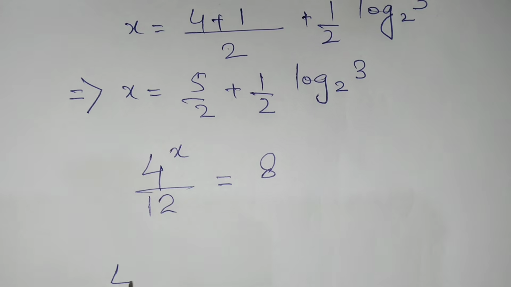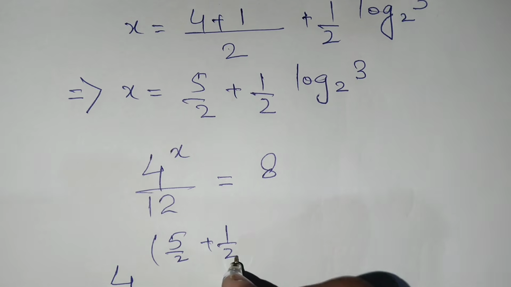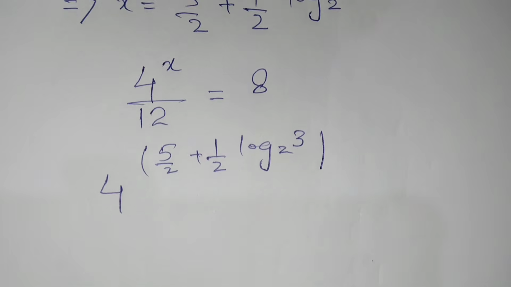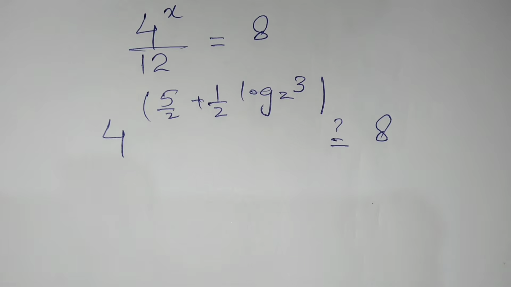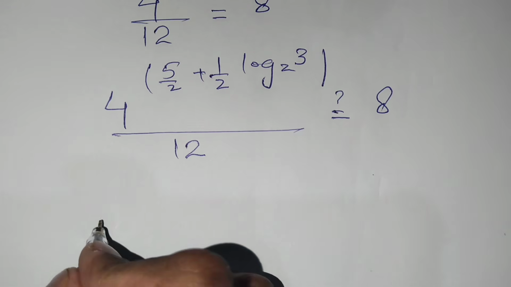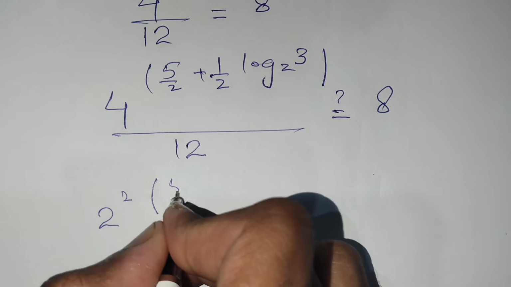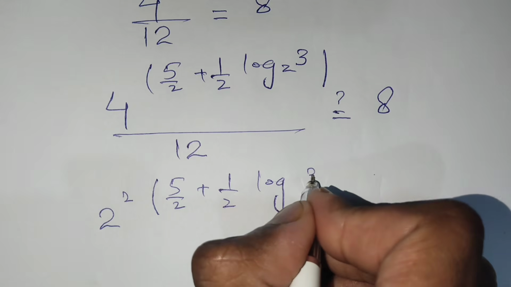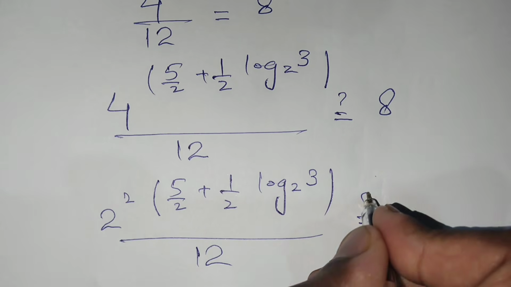We can write it as 4 power 5 by 2 plus 1 by 2 log of 3 with the base 2 over 12 is equal to 8. We can write this 4 as 2 square.